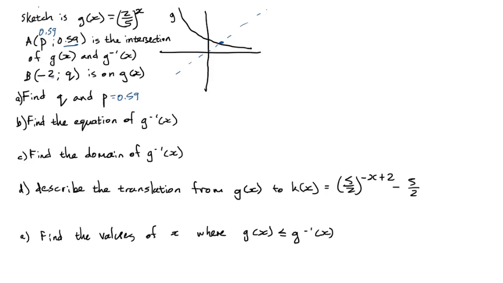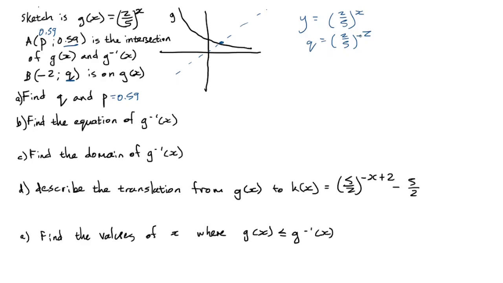And B is (-2, q). That's on g(x). So let's get q for starters. When I'm missing a letter, I sub in a point. So y = (2/5)^x, and -2 is the x value, and q is the y value.